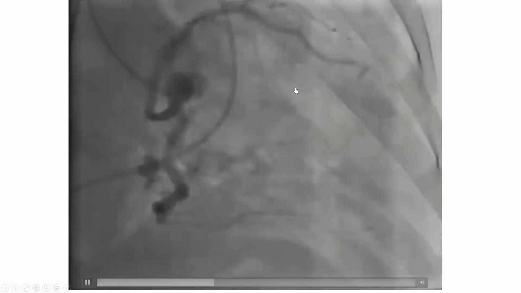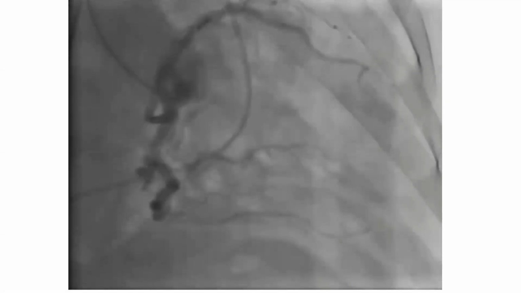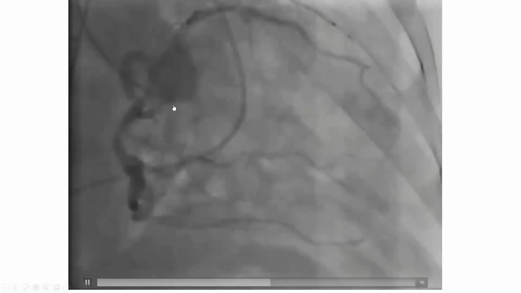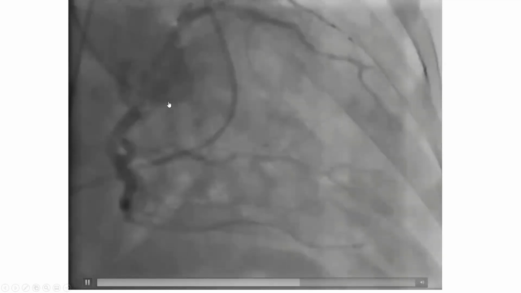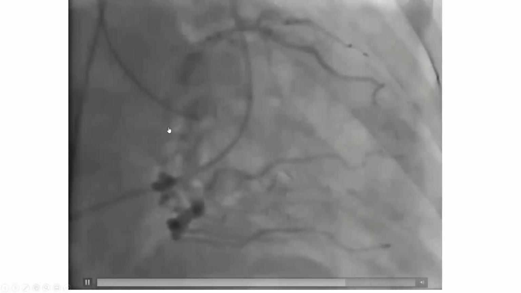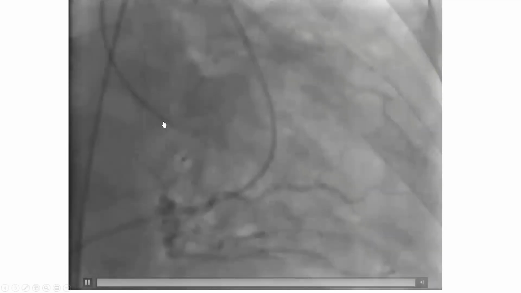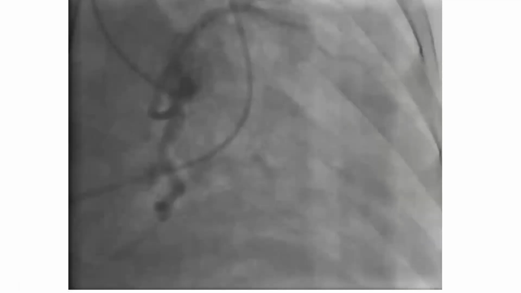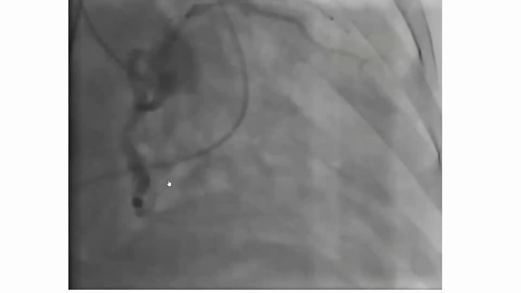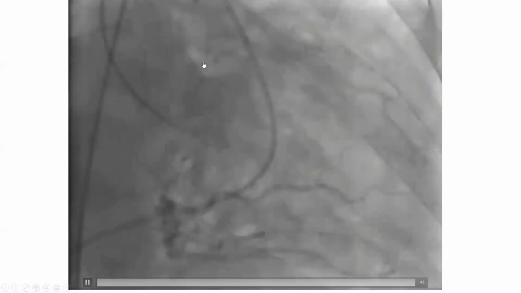But our job is not always done here, because sometimes what you're seeing could be just LAD or just left circumflex. Sometimes you don't only get anomalous left coronary from the right cusp, you can get anomalous separate LAD from the right cusp and anomalous left circumflex from the right cusp. Okay, so what is this artery we see?